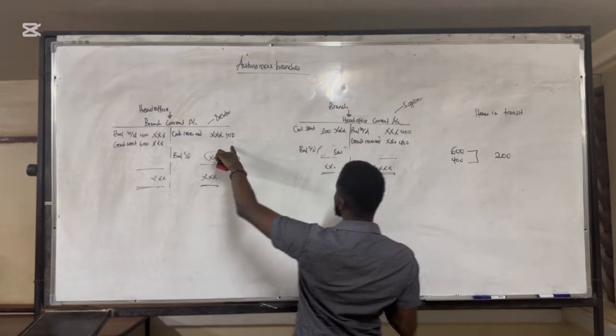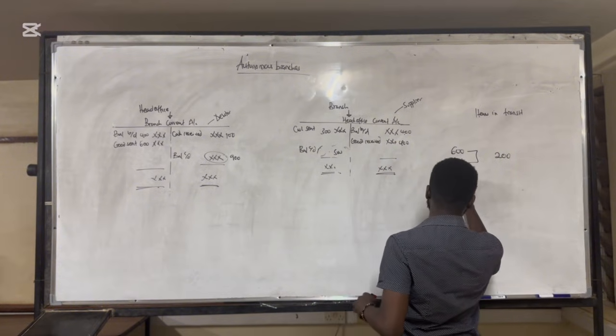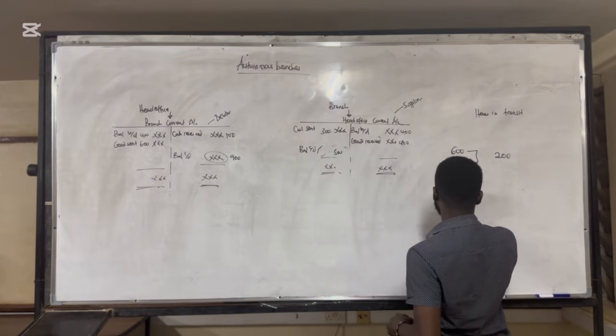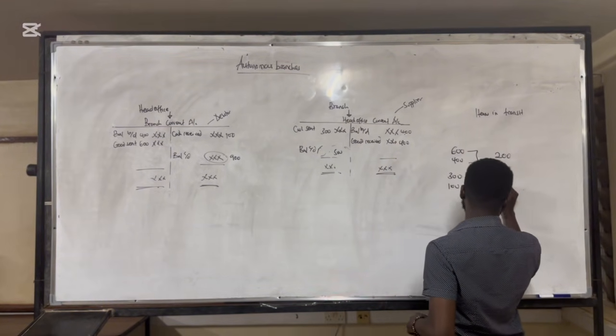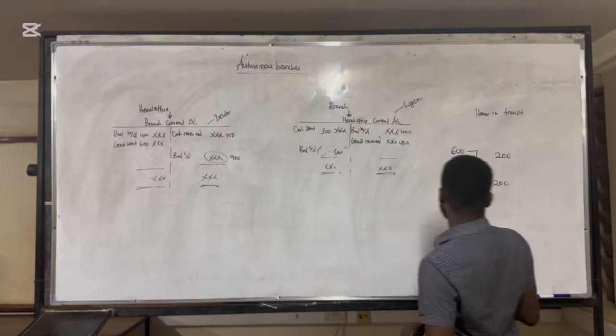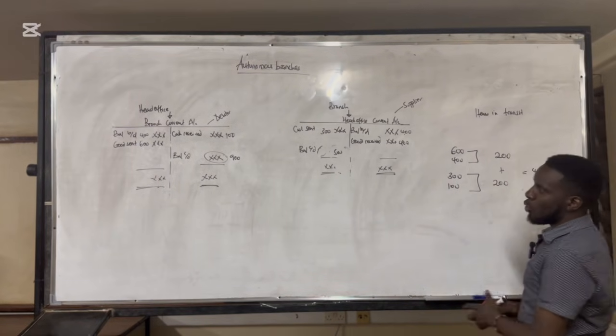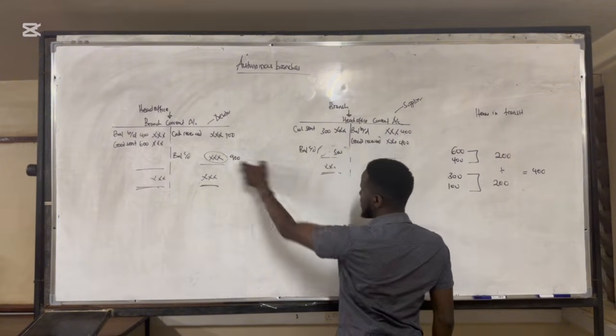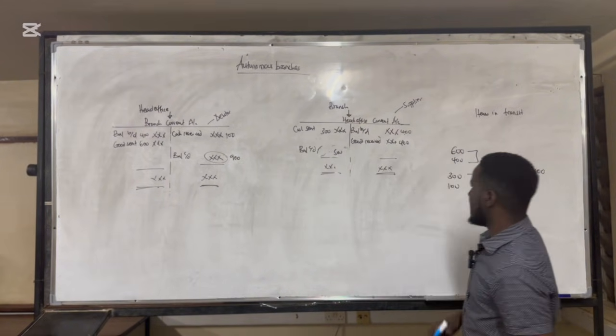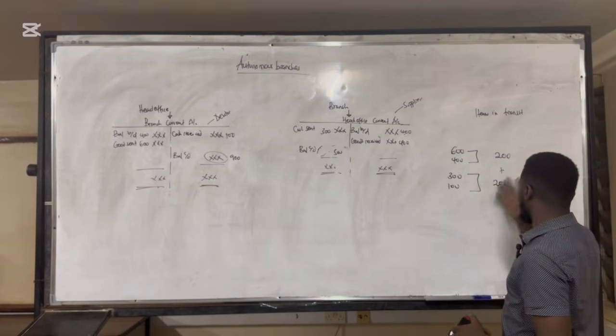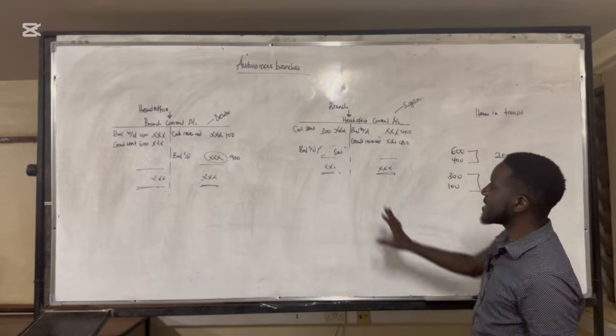Then also the cash that was sent was 300, but for them they only received 100, meaning there's also cash in transit of 200. Now, this 200 plus 200 is going to give you 400, which is the difference between 900 and 500.